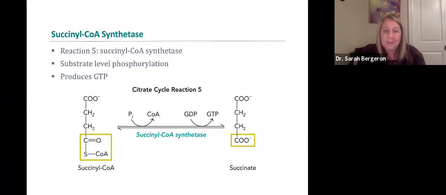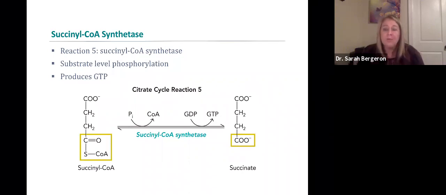So now that we have Succinyl CoA, right, we're going to convert our Succinyl CoA to succinate. So this is done with Succinyl CoA synthase, and it is a substrate level phosphorylation. So remember, in substrate level phosphorylation, you are actually going to create those energy carrying molecules, right?